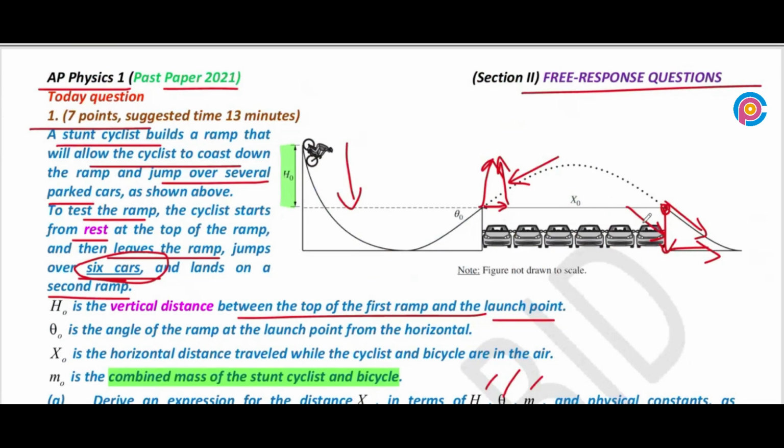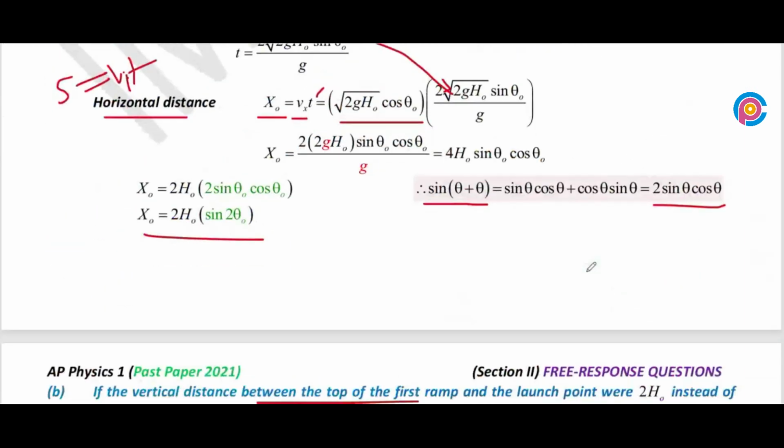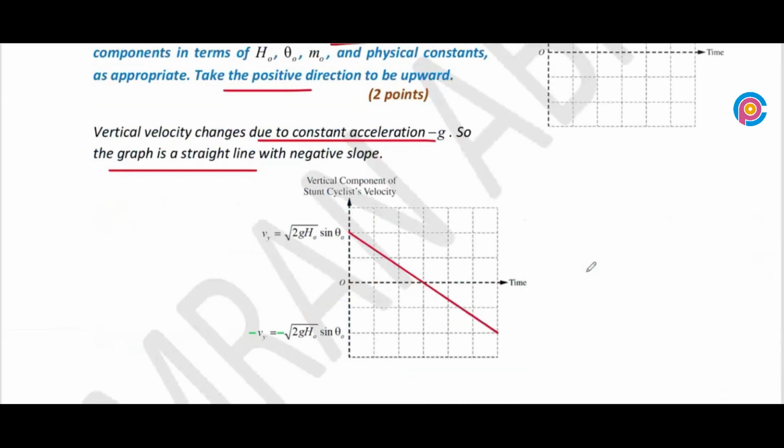So you can also understand from the figure, but according to the situation, the vertical component starts at square root of 2gh naught sine theta naught, and ends with the same magnitude but with a negative sign. So the value decreases from positive to negative because the acceleration is constant, the gravitational force is constant, and the velocity decreases uniformly or linearly.